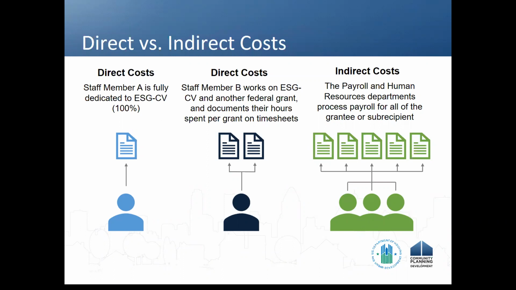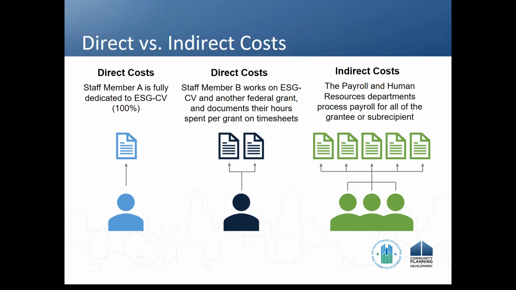Likewise, if staff member B works on the ESG-CV award and another federal grant, then that employee's costs can be split on a pro rata basis using their hours spent per grant documented on their timesheets. Again, that's a direct cost because you have the direct hours they spent on the ESG-CV award versus the other funding sources.